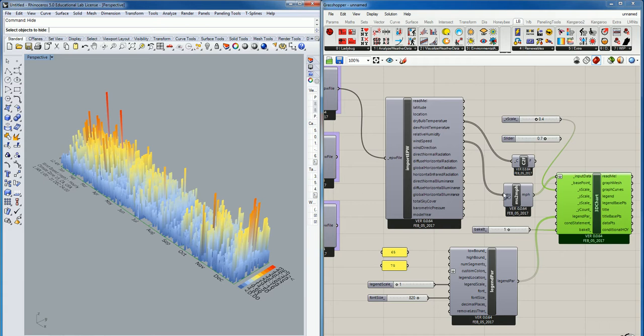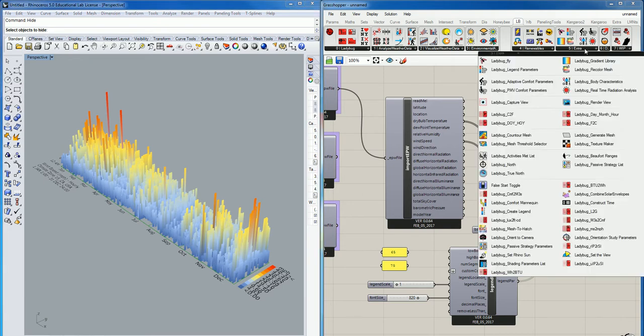So the meters per second to miles per hour is also under extras, and you'll find it located somewhere around here. Let me see, I just picked it up.